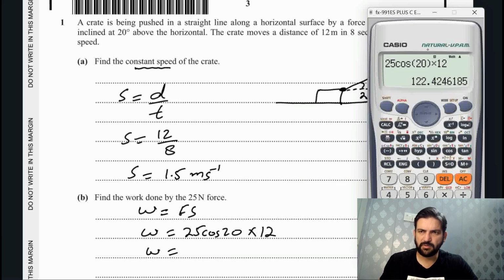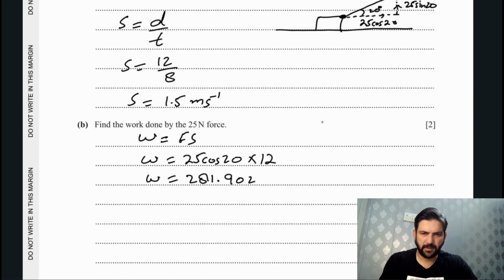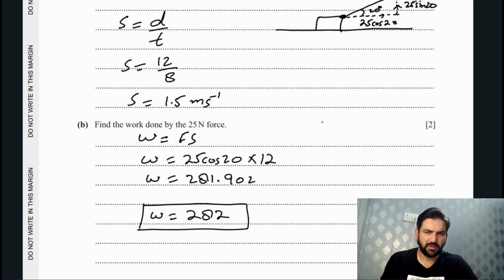Here you can see that the calculator is in radian mode, so be very careful and your calculator should be in degree mode. Let me convert it into degree mode. Now this will be 281.902. As you know, for non-exact answers we have to write our answer in three significant figures, so this will be 282. This is the final answer for the B part.